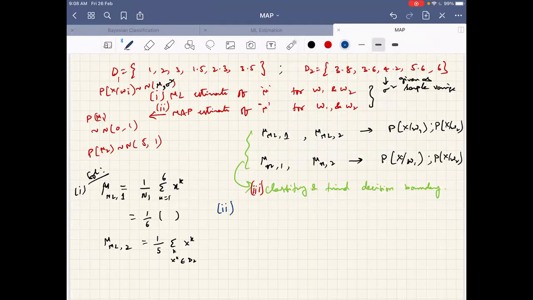I want to find the MAP estimate, assume that. What should I do? I need some quick answers. Nobody knows how to find the MAP estimate? Fine, how should I find it?